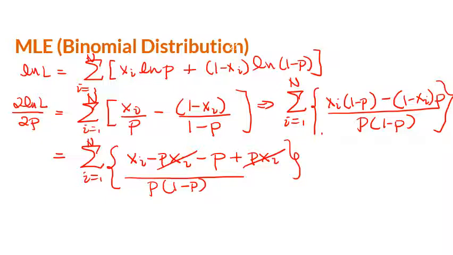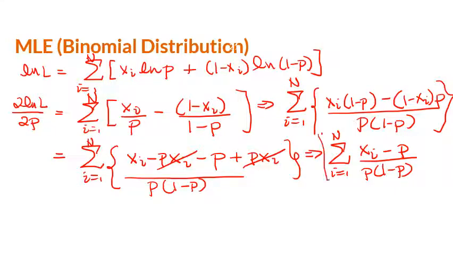Okay, so class, ang mangyayari ngayon sa first derivative ng ln L with respect to p is given by this summation of i from 1 to n of x sub i minus p all over p times 1 minus p. So this is our first derivative.